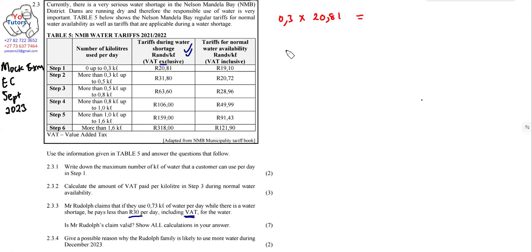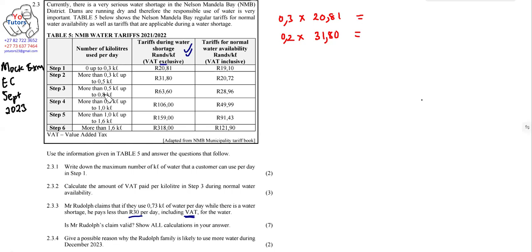Then we go down here, remember we said 0.5 minus 0.3 we're going to get 0.2. So 0.2 times 31.80. Then we calculate the answer there.